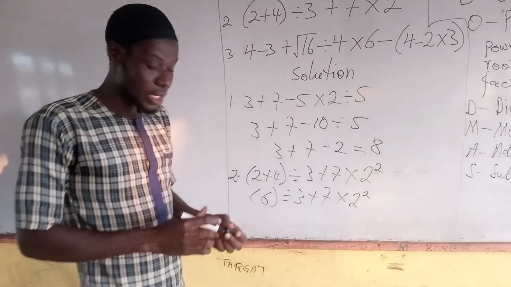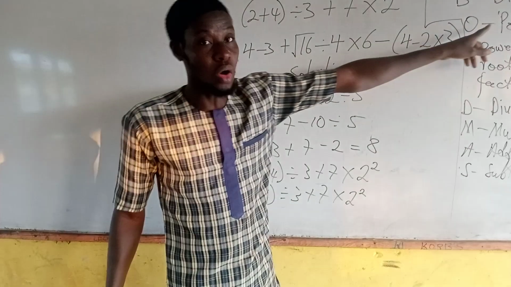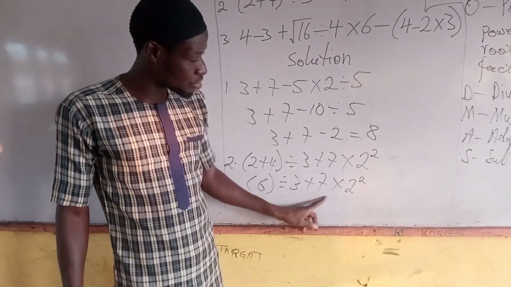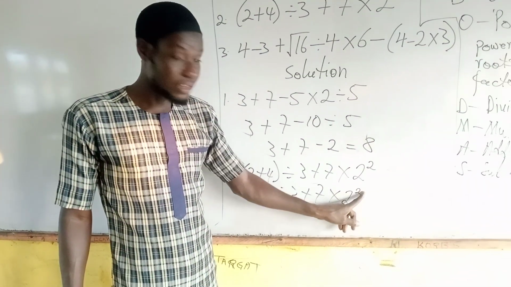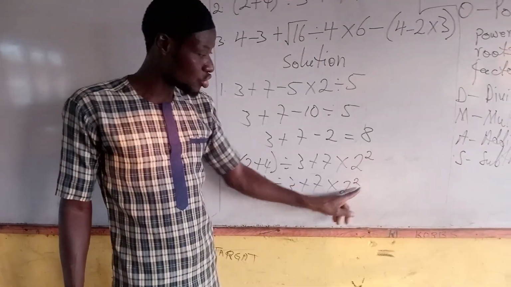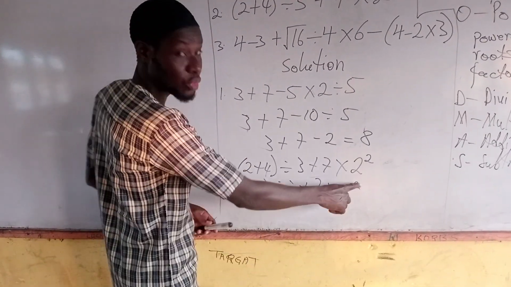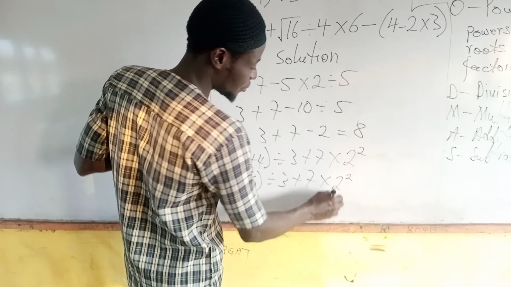Then followed by power of, a term with a power. Checking through, you see that 2 has a power other than 1. So 2 is to the power 2, and we simplify that next. 2 to the power 2 will give us 4.